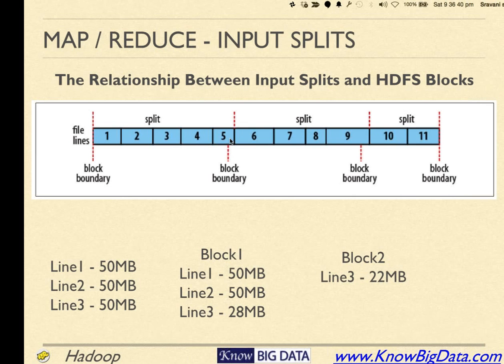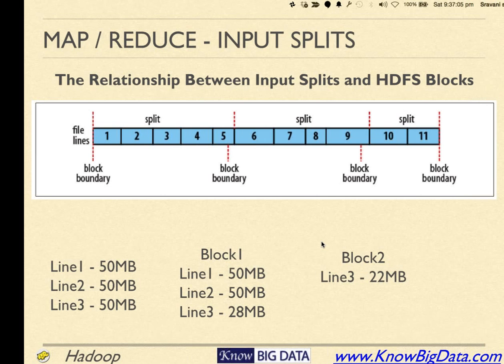Correct. So let's say 80% of line number 5 will be in the first block, and the rest of the line is in the second block. From here to here, this is the first block, this is the second block. Same is the case with line number 9, because it is also lying on the boundary, right?